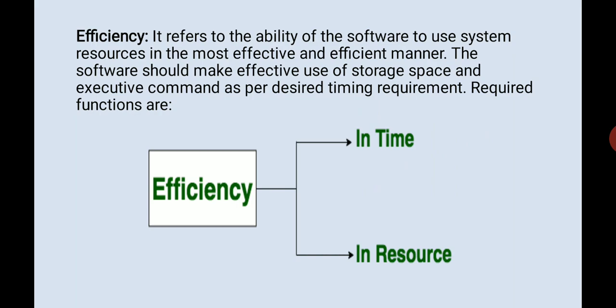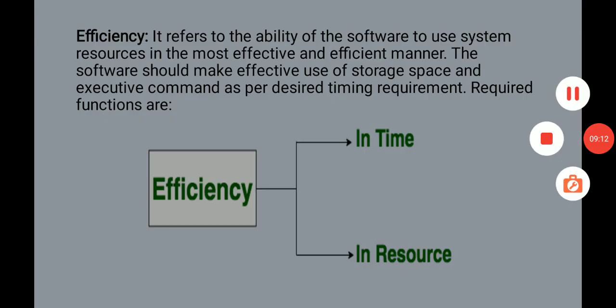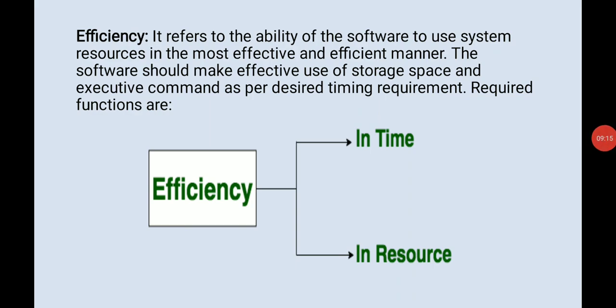Efficiency is the ability of the software to use system resources in the most effective and efficient manner. The software should make effective use of storage space and execute commands as per the desired timing requirement. Any system is efficient if it is able to perform the desired task in minimum time and using minimum resources, without any wastage.